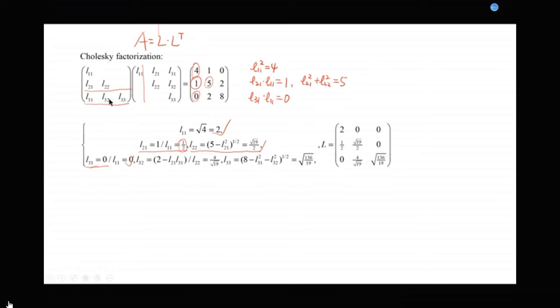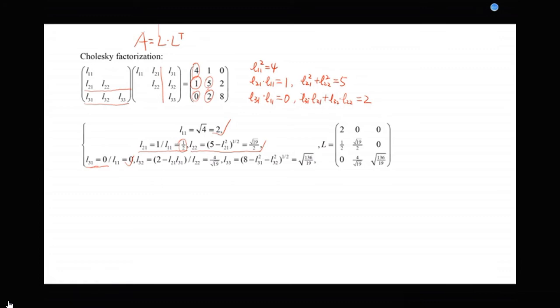Okay, let's come to L32. For L32, we use the last row to multiply the second column. So that means L31 multiply L21 plus L32 multiply L22, equal to the third row second column, which is 2, right? And we know L31 is 0.